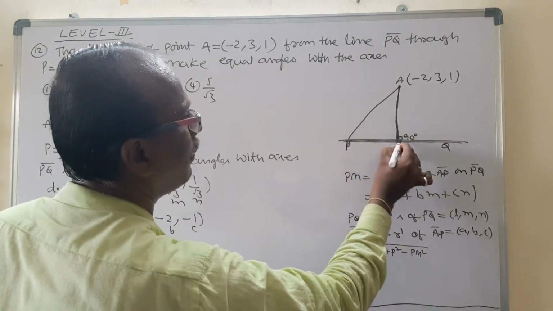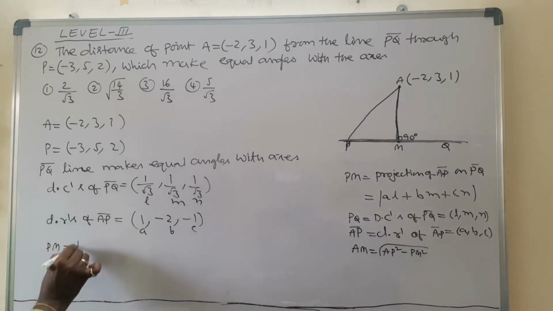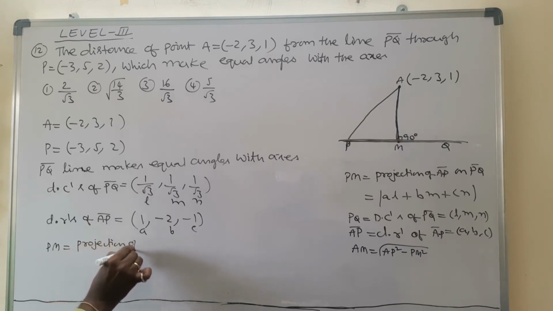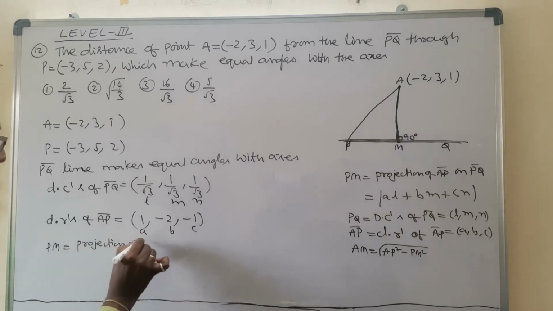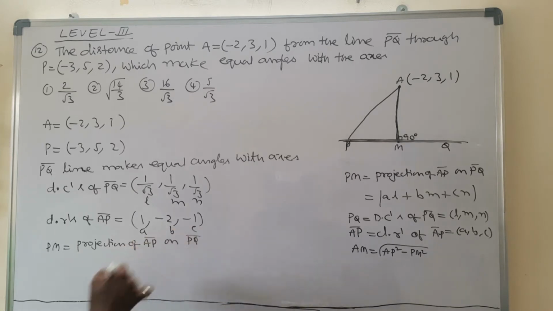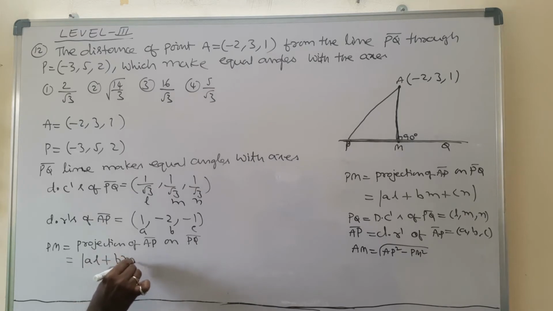To find this length PM, PM equals the projection of AP on PQ. The formula is mod of AL plus BM plus CN.